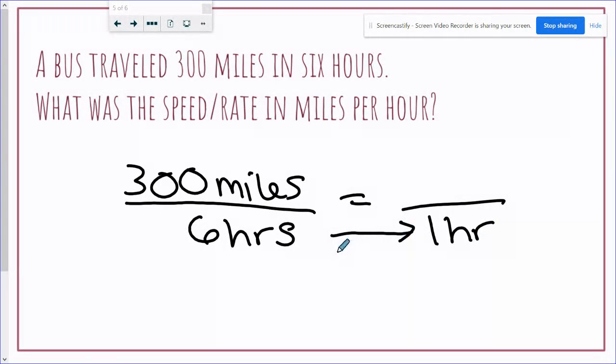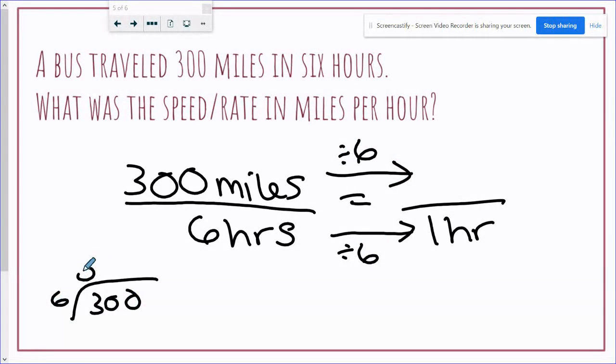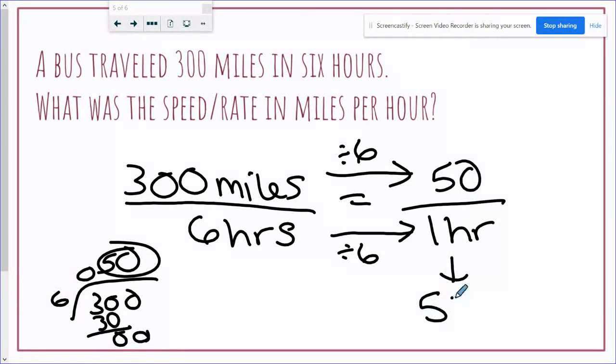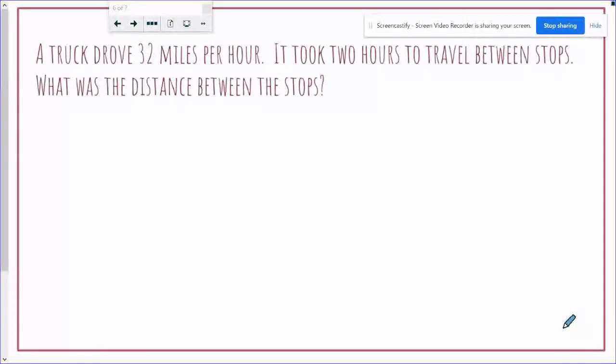To go from 6 hours to 1 hour, we're going to divide by 6. 300 divided by 6 would be 50. So the speed is 50 miles per hour. And HR means hour, if I did not say that before. All right, let's move on to our final example.